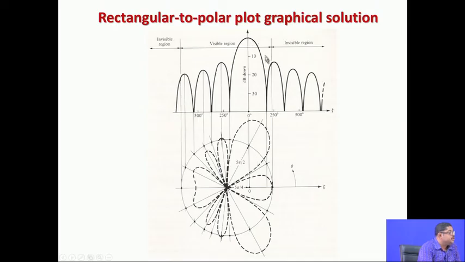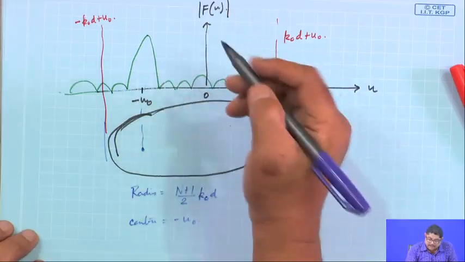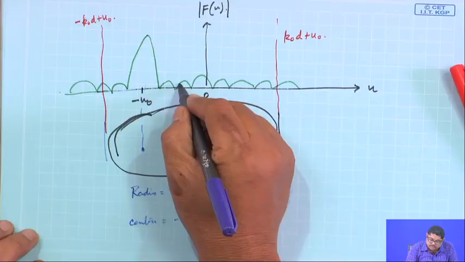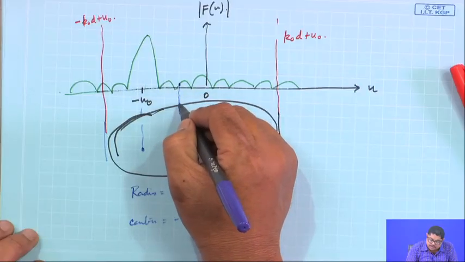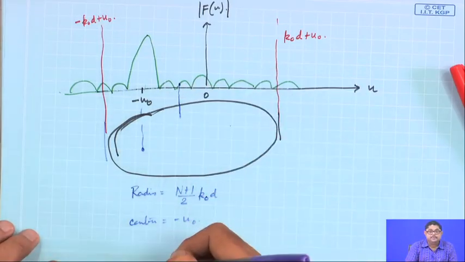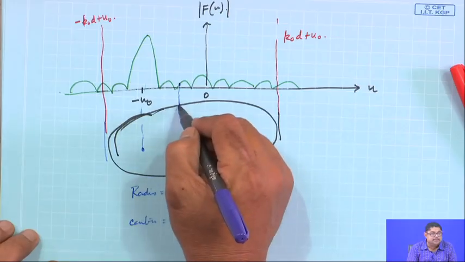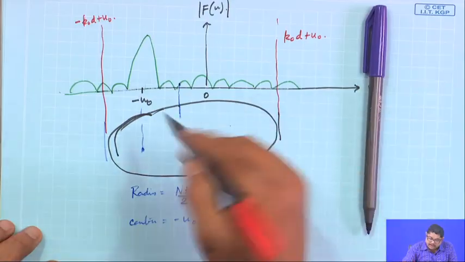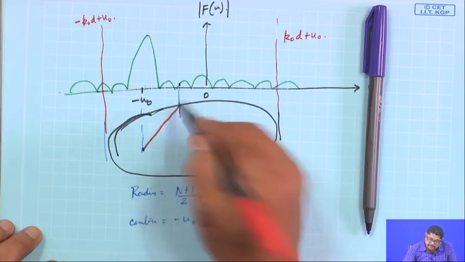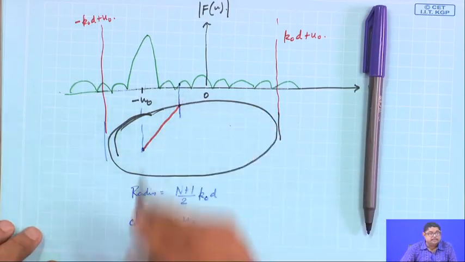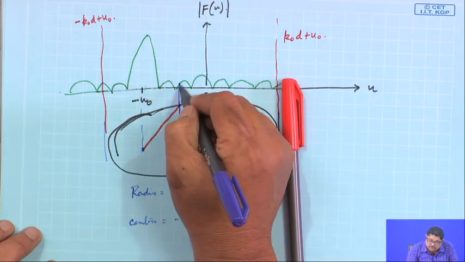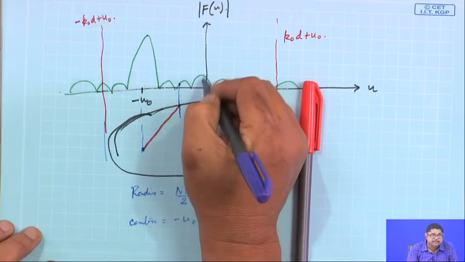Suppose I want the value of a point. I put a vertical line, and that line will intersect the circle at some point. From the center, you draw and connect this intersection point, and from this you find out the value in this scale.